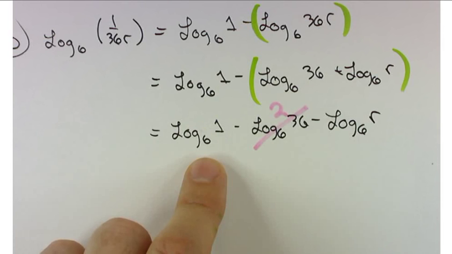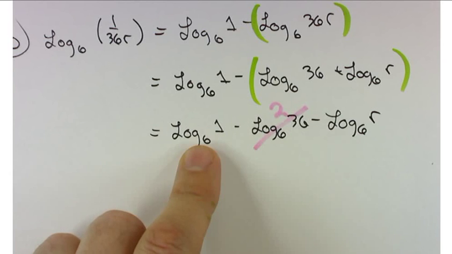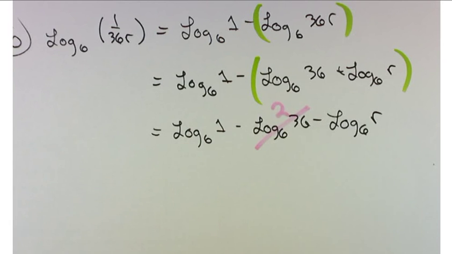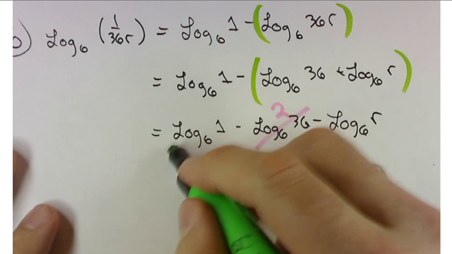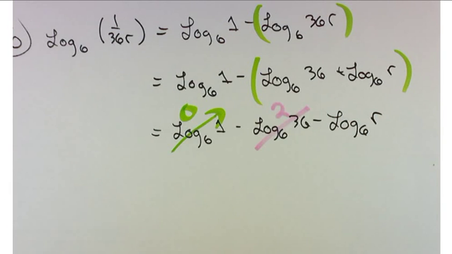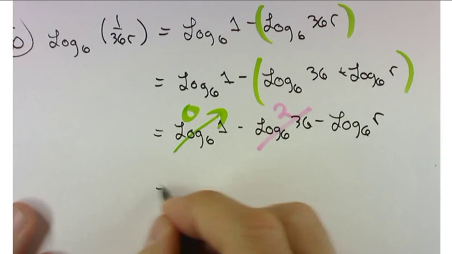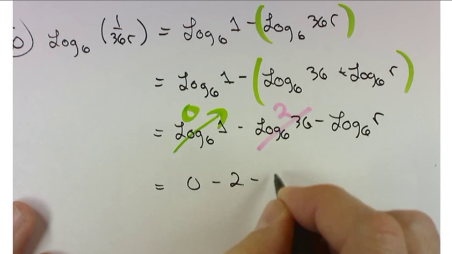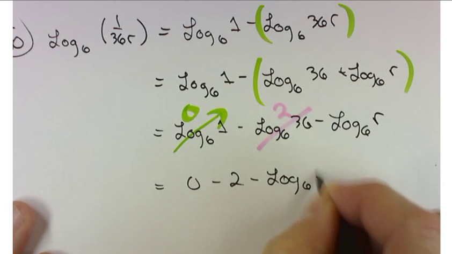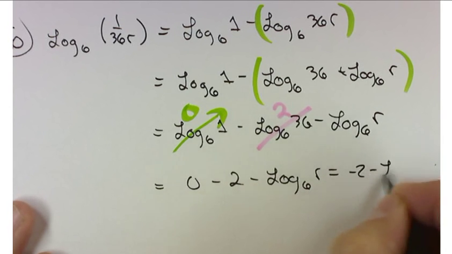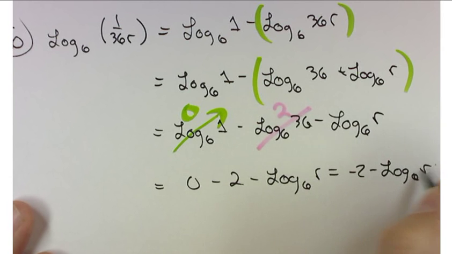What's the log base 6 of 1? 0. What power of 6 gives me 1? The 0 power. So that would be a 0. Overall, we end up with 0 minus 2 minus log base 6 of r, or better yet, just minus 2 minus log base 6 of r.